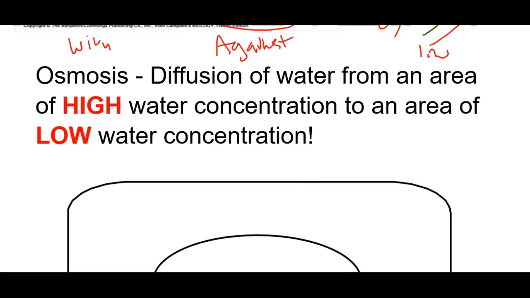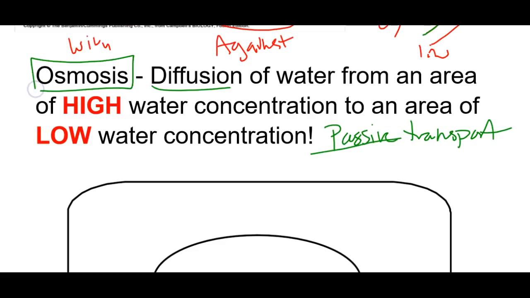Osmosis is a form of diffusion, so it is a form of passive transport. Very, very important for you to know that it is passive transport. Osmosis, by definition, is the diffusion of water from an area of high water concentration to an area of low water concentration.